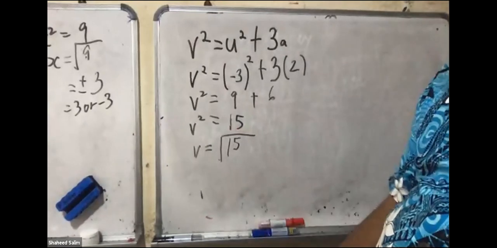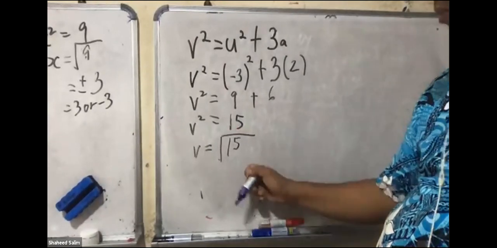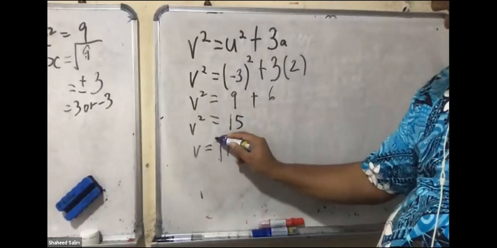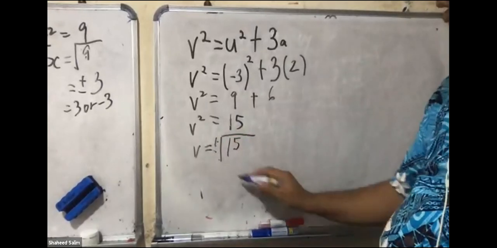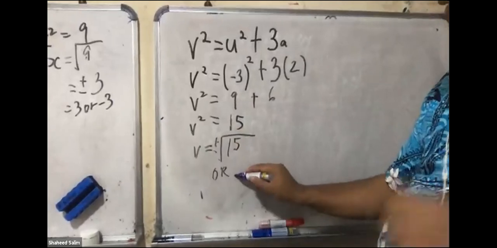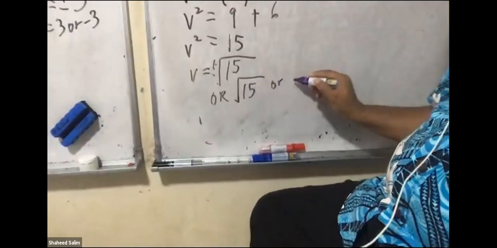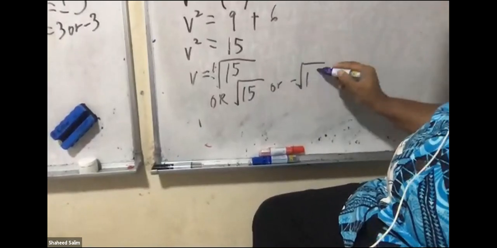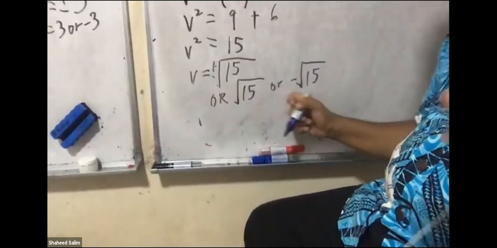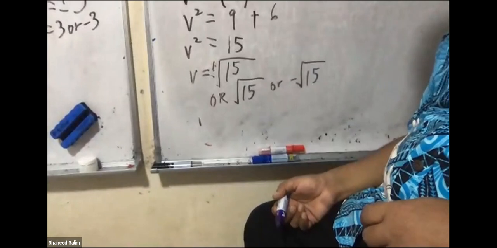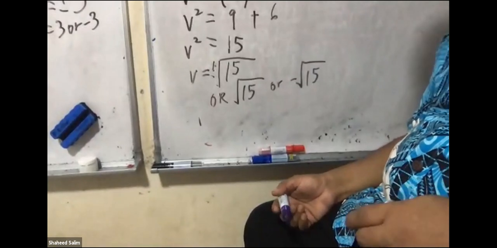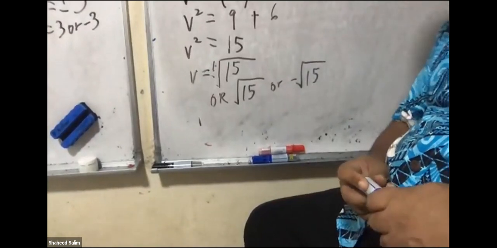But that's not enough because this can be plus and minus. So you can write it like that, or you can write it as square root of 15 or negative square root of 15. These are the two answers. You get it or not? You must understand.